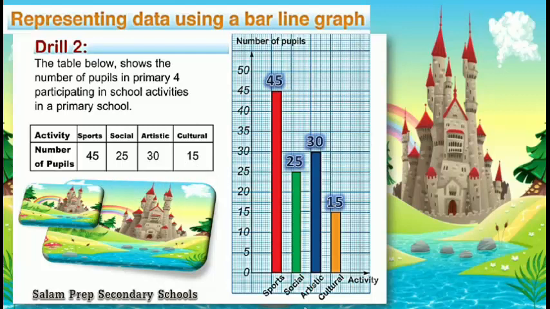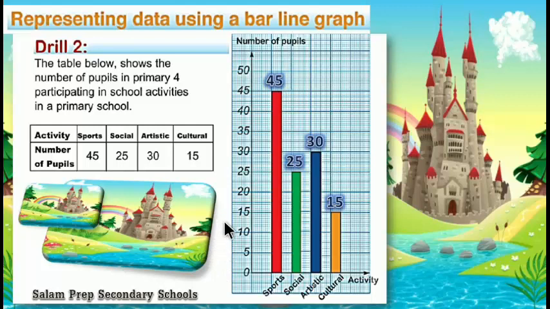We have two axes. The horizontal axis is labeled activity, okay? The vertical axis is labeled number of pupils. On the horizontal axis, we will put the activities: sports, social, artist, culture.